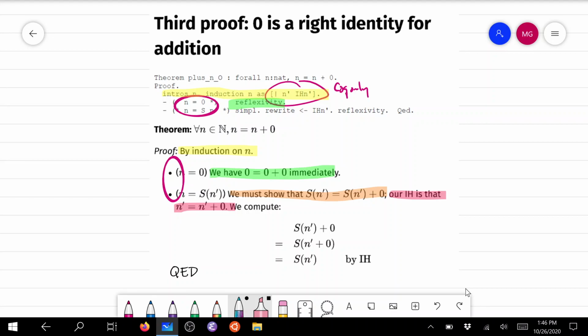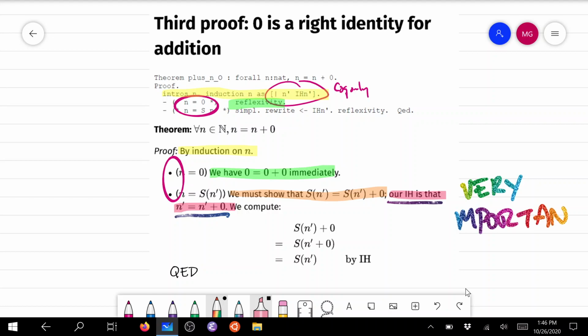I'm going to underline it and say that this is very important to state the IH. State your IH, your inductive hypothesis. It is extremely important. We will take points off if you do not do this.